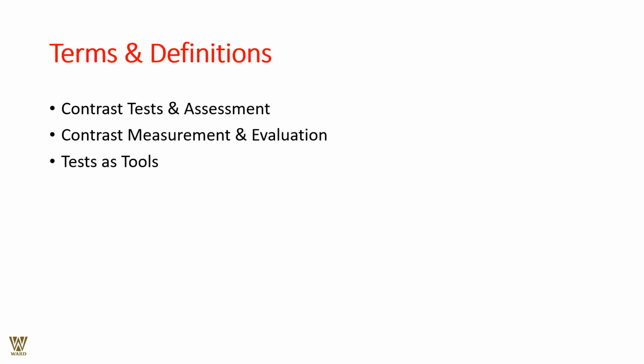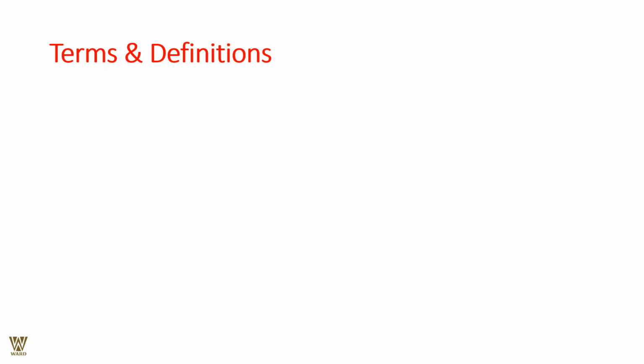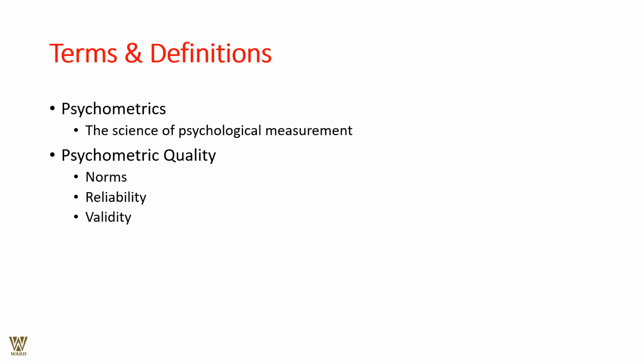If you find the results are alike, you need to measure those contrast measurements as a tool. We need to understand those tests, those tools, the contrast test per se. Psychometrics is the science of psychological measurement. Psychological measurement is all about psychometric quality, as the case might be.